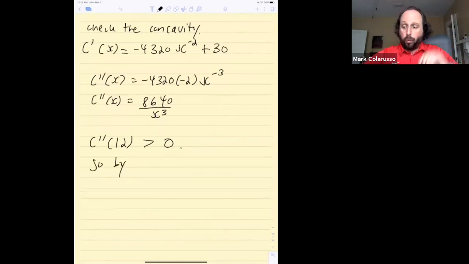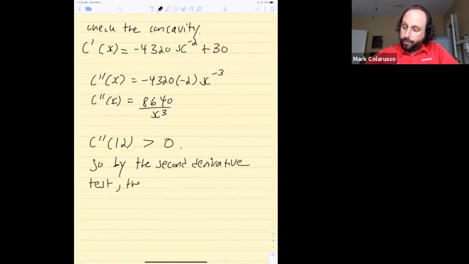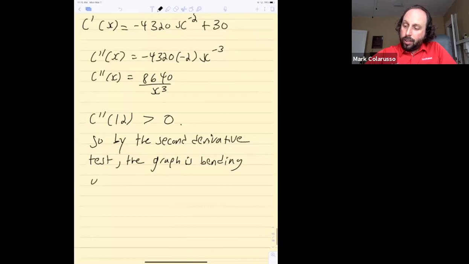It's a minimum, which is what we want. Bending up at the minimum. Sorry, at the point x equals 12. So x equals 12 gives the minimum.